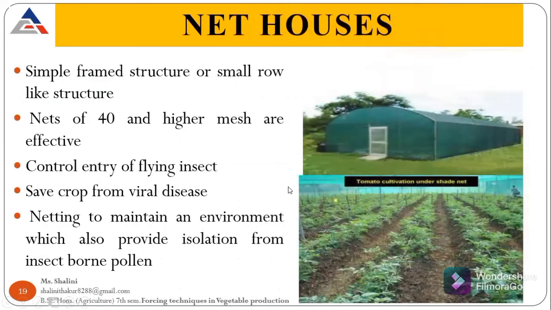Next is the net houses. These are simple frame structures, and we are using nets with a higher mesh so that the incidence of insects can't take place, because if we use a smaller mesh, the insects and other pests can easily enter into that greenhouse and harm our crop plants.